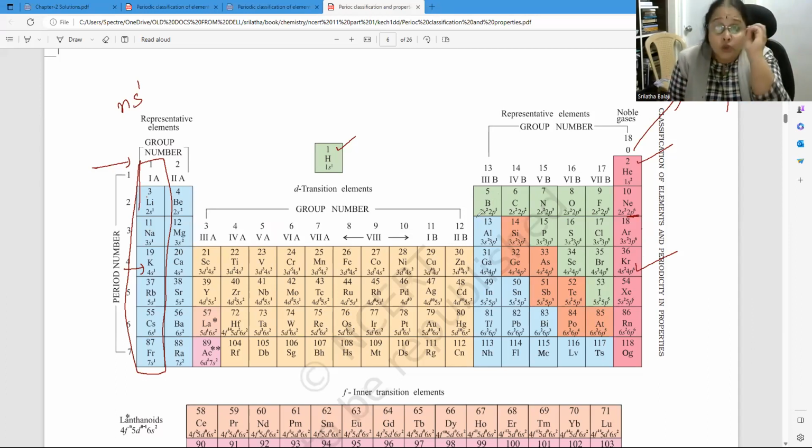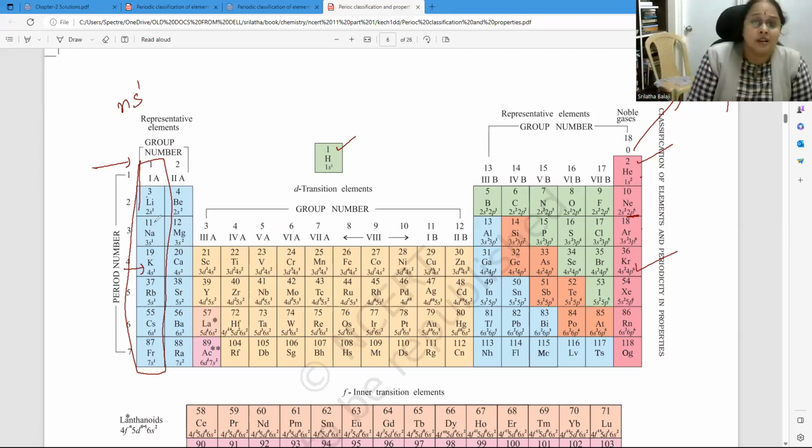You're beginning with a new shell, and the outermost shell gets the octet configuration ns2, np6 with the 18th element. Is it clear? You begin with ns1 and complete the period with ns2, np6. Do you see this? 3s1, 3s2, 3p6.